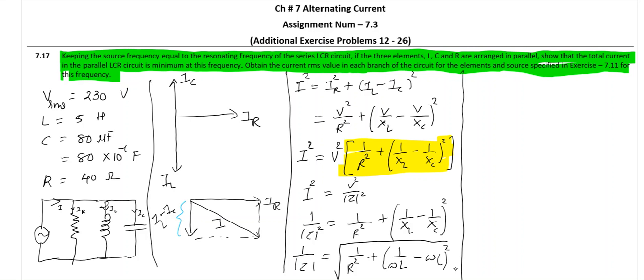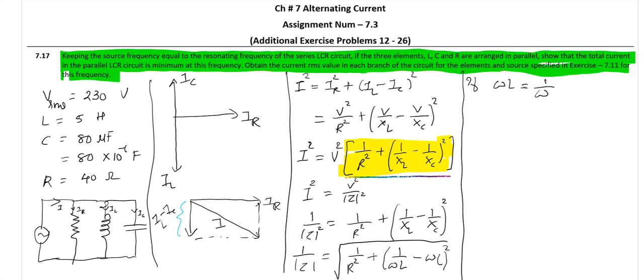Now look at this equation once again. During resonance, we have omega L equal to 1 by omega C. So if I consider the source frequency and resonance frequency to be same, what I am talking about is 1 by omega L and omega C to be equal.